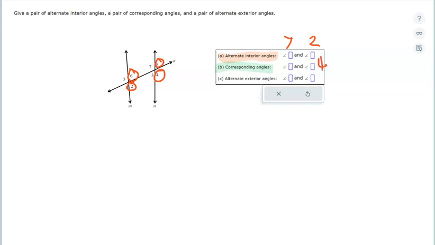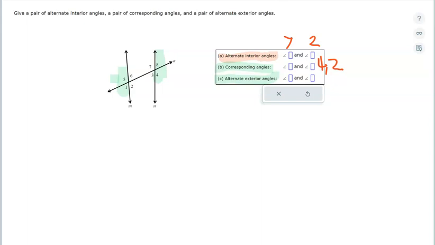4, 2. Okay. Last one is alternate exterior angles. So alternate exterior angles are the angles on the outside, so we're going to only focus our attention on 5 and 1 and 8 and 4. And I'll pick yellow, and I'm going to pick one of those 4 angles.